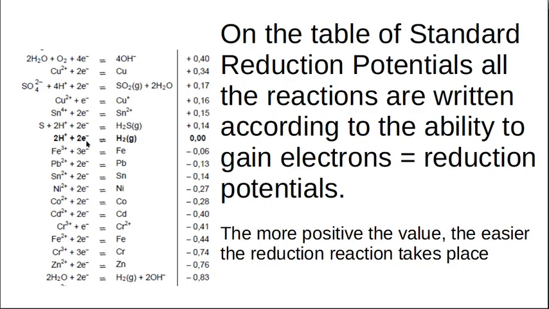So you can help figure out which is being reduced and which is being oxidized by knowing how your table works. And obviously if the forward reaction happens easily, the value is positive. Can you see here? Copper 2+ plus 2 electrons goes to copper, plus 0.34. Zinc 2+ plus 2 electrons goes to zinc metal, minus 0.76. So this minus value means that the zinc reaction would rather occur in reverse.